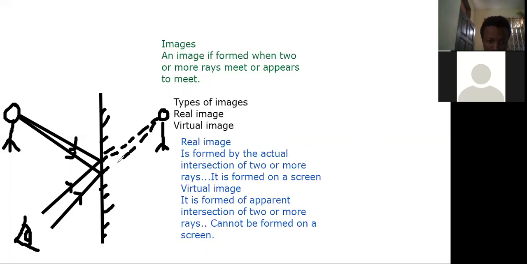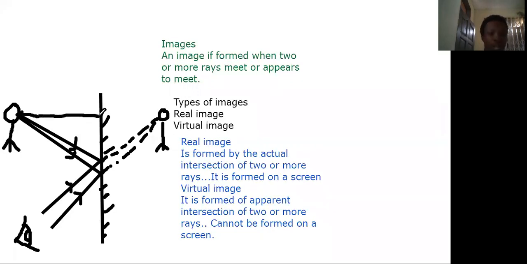And just as I taught you the other day, the distance from the object to the mirror is the object distance, U, and the distance from the mirror to where the image is formed is the image distance, denoted by V. So this one is U, and this one is V. And this will be the mirror, and this is the observer.